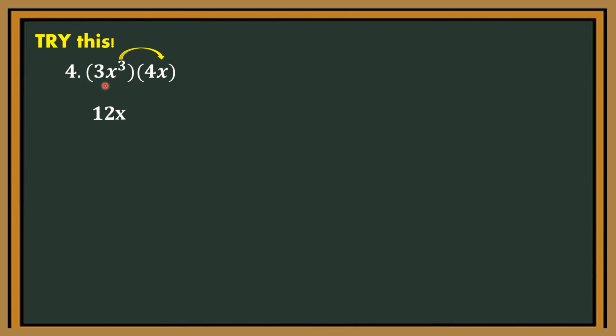So, what is the exponent of x? Automatically, 1. Therefore, that is 3 plus 1. Let us simplify it. Just copy 12, copy x, and then add their exponent. That is 4. We will have now 12x raised to the 4th power.